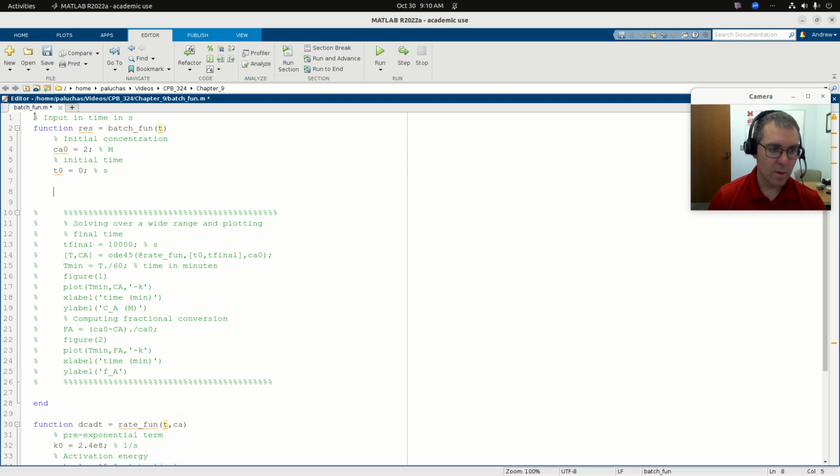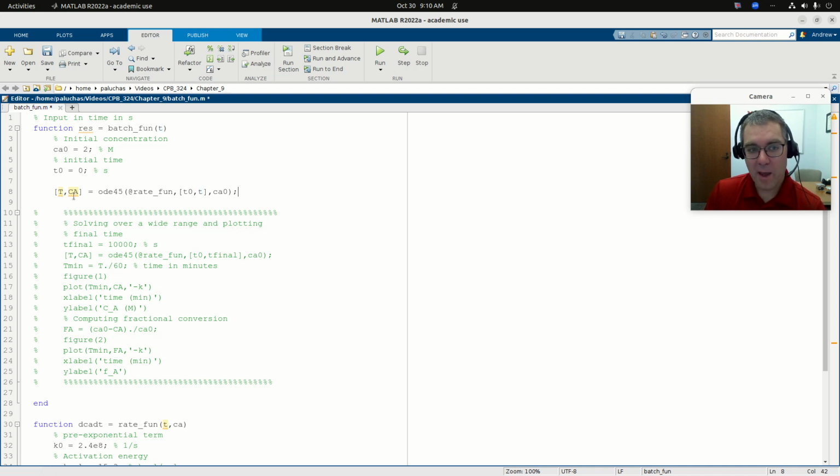Okay, so what I'm going to do in this case is I'm going to solve, but when I solve, I'm going to solve over the range of t naught to t. So instead of t final, I'm going to put in t. So the user is going to specify a value of t at which point they want the concentration. Why?